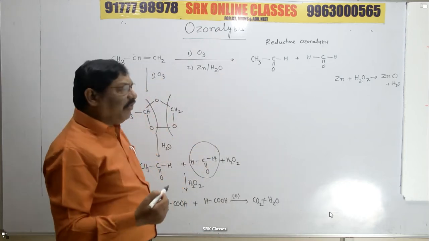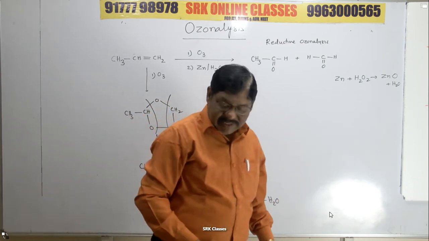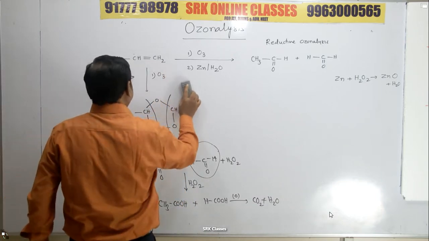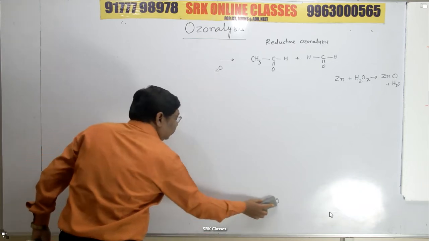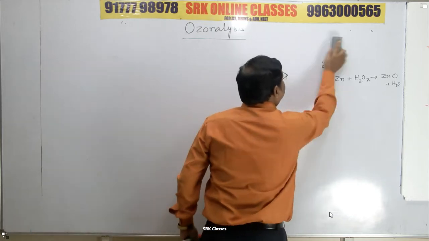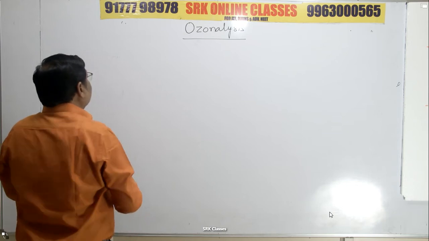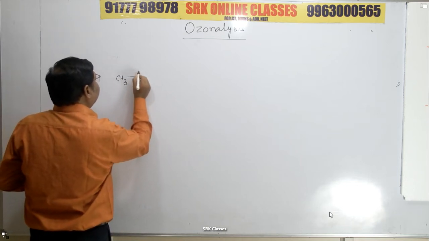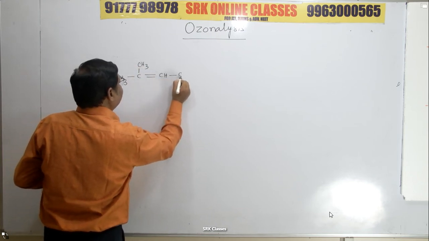Now, let us take different examples, different reagents which are used for ozonolysis. I am taking the second example. CH3, CH3, double bond, CH, CH3.